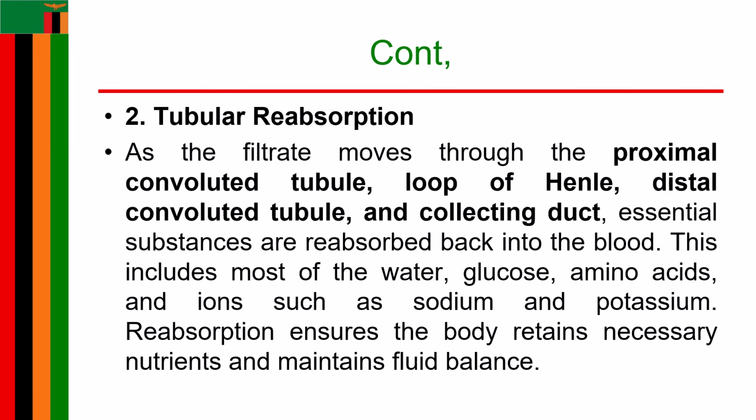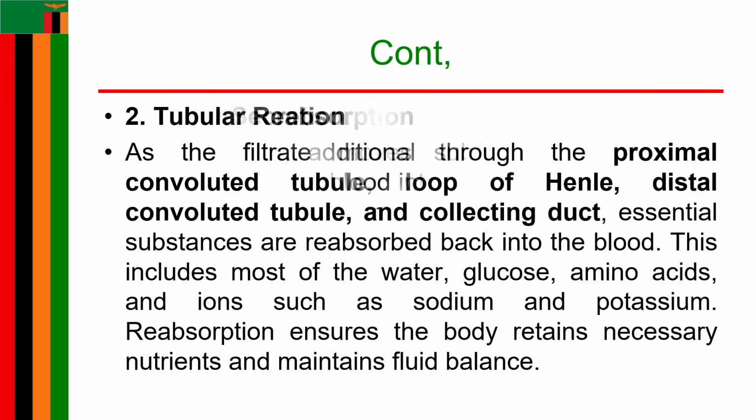These essential substances include water, glucose, amino acids, and ions like sodium and potassium. Because they are important to the body, they are reabsorbed back. And this makes sure that the body retains the necessary nutrients and fluids that it needs.